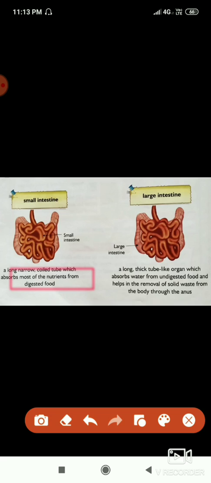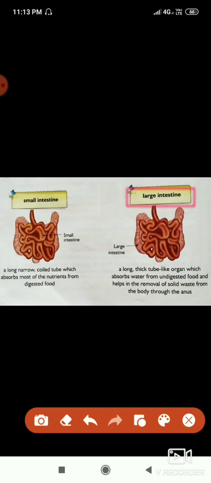Why is it called a tube? Because it is a pipe-like structure. It is a narrow coil-like tube which absorbs most of the nutrients from digested food. The small intestine absorbs our food and passes it to the different body parts with the help of blood.